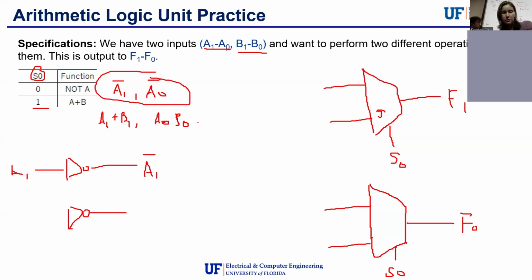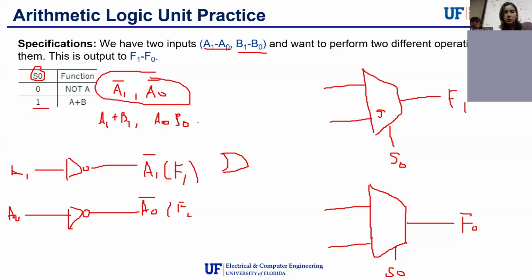And then we have A0 to not A0. And some of the functions you might have to implement will only use one input, some of them will use both. It doesn't matter as long as you have one bit that corresponds to F1 directly and one bit that corresponds to F0.